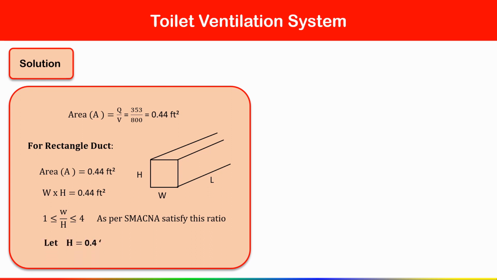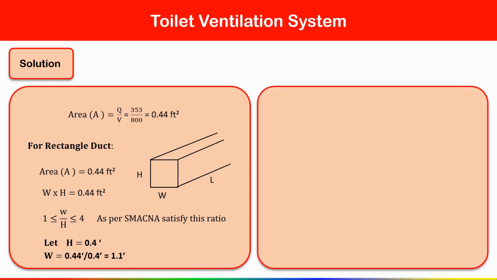Now suppose I am assuming height of duct is 0.4 feet. Now you have to put this value in that equation. Finally you will get the width of that duct 1.1 feet. You can convert that feet into mm. When you convert, width you will get around 350 mm, and height of duct is how much? 150 mm.